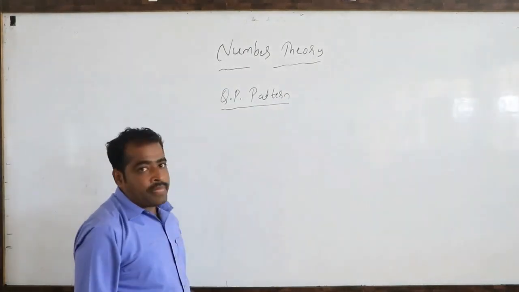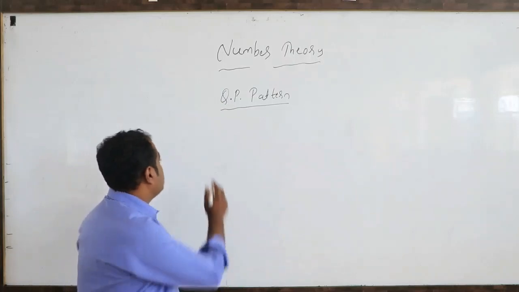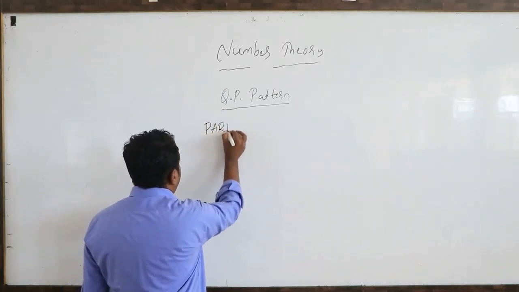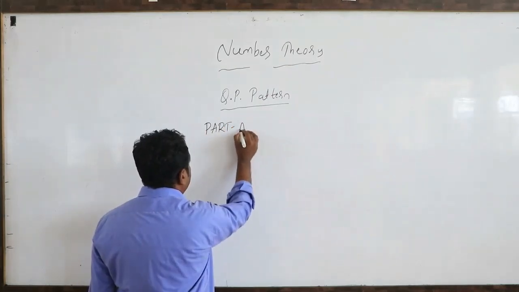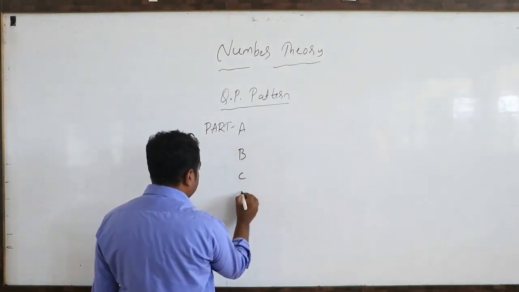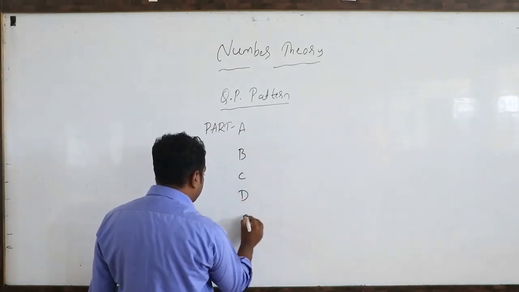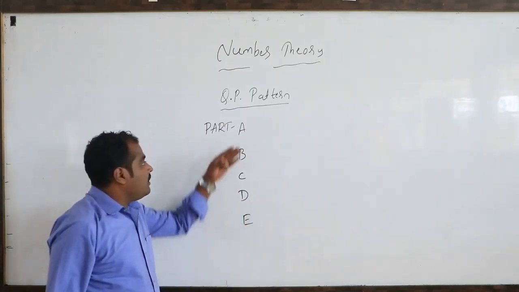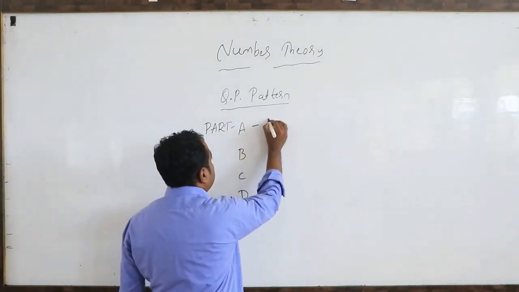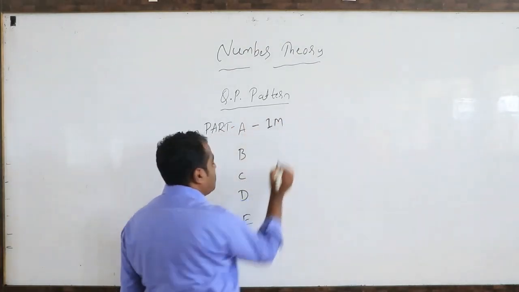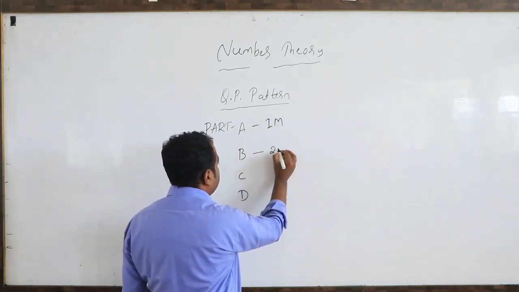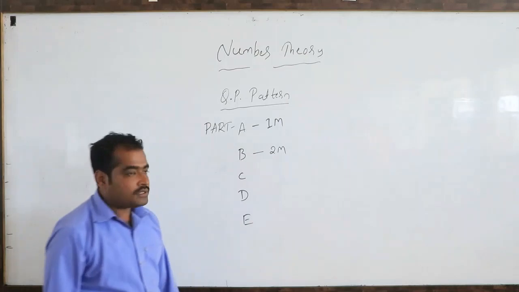Here, the question paper pattern has 5 parts: part A, part B, part C, part D, part E. Part A carries 1 mark questions. Part B carries 2 marks questions.